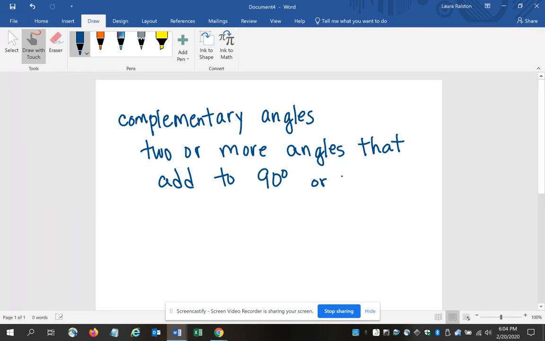Or if you're thinking about it in terms of the unit circle, remember that 90 degrees is equal to pi halves.